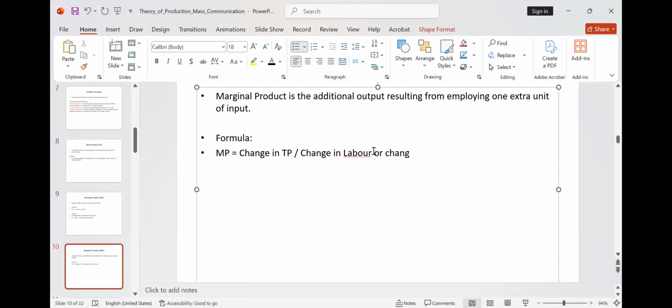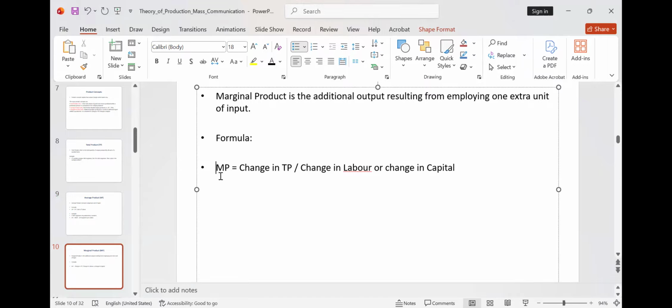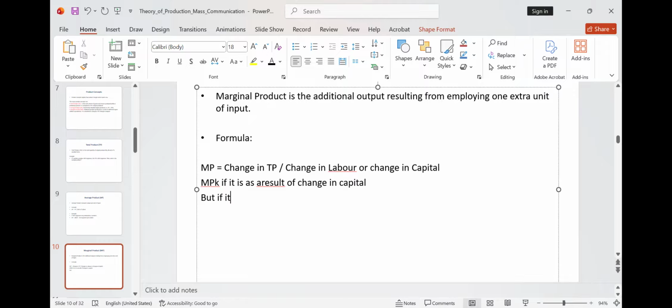If it is as a result of change in capital, you call that marginal product of capital, MPK. But if it is as a result of change in labor, you call it MPL.